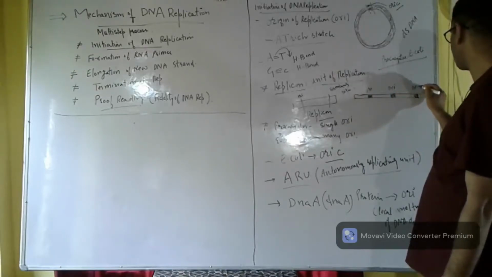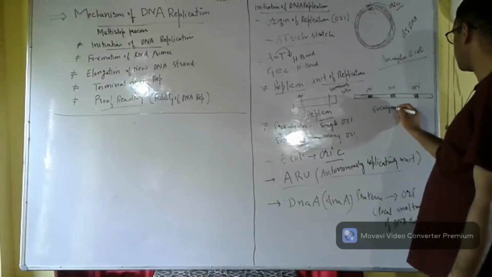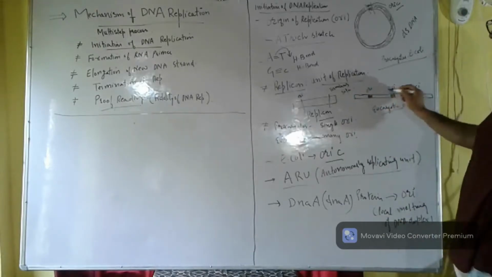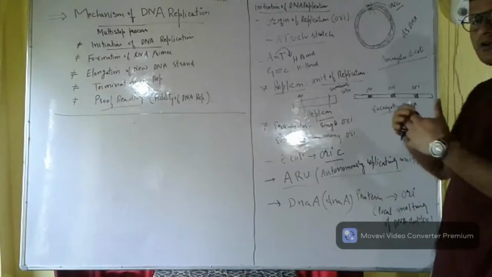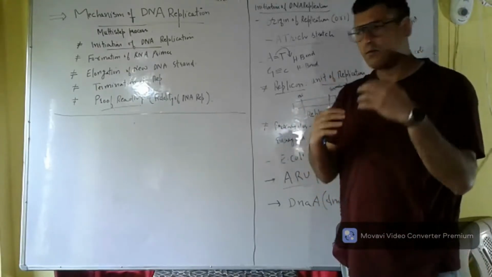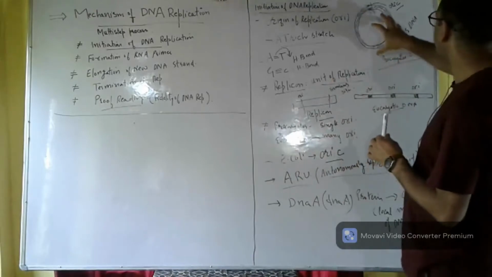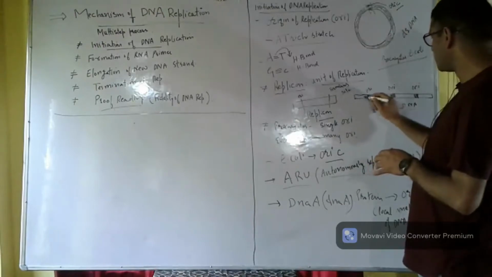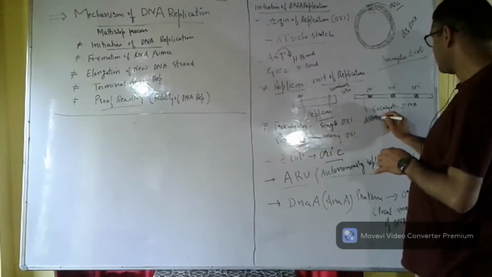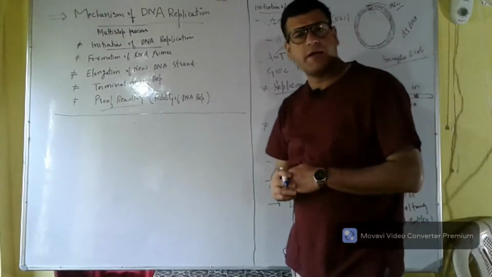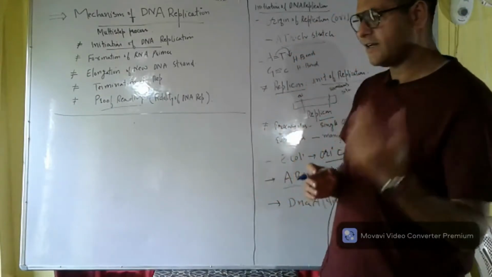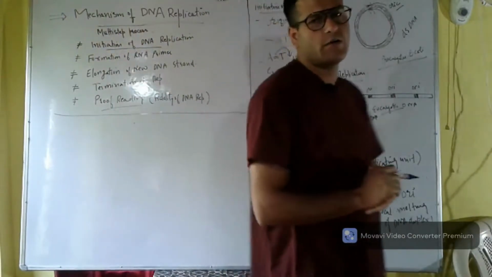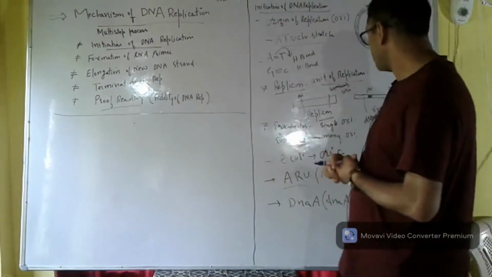In eukaryotic DNA, we have many origins of replication, 1, 2, 3, because eukaryotic DNA is comparatively larger in size as compared to prokaryotic DNA. This is also double-stranded DNA. So the DnaA protein binds to the origin of replication and causes localized unwinding and melting of the DNA duplex at the ORI.